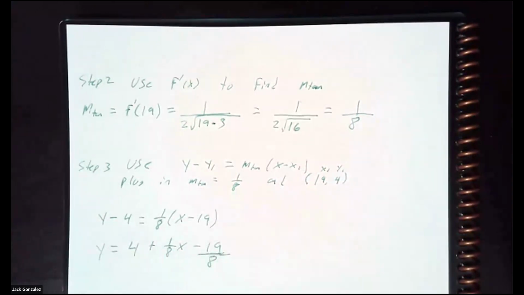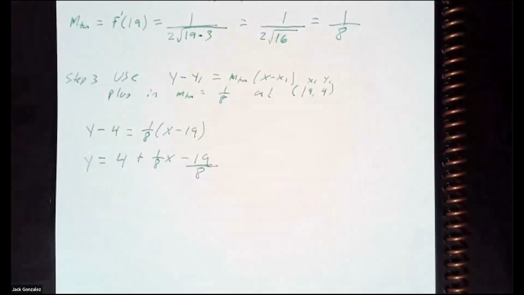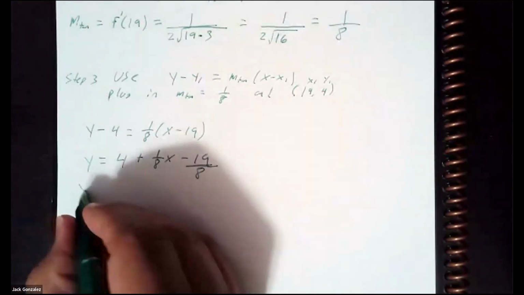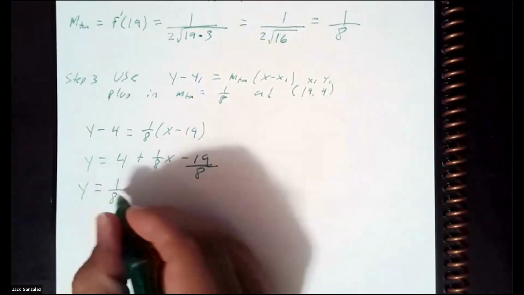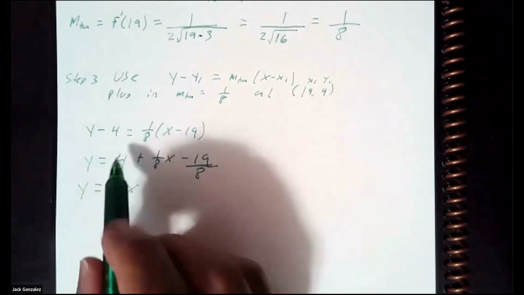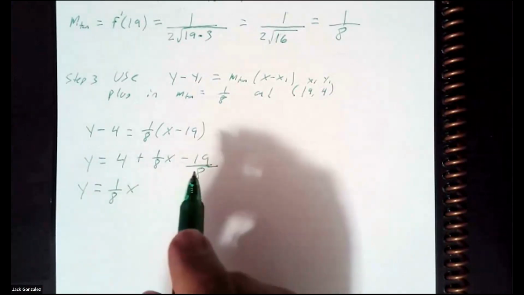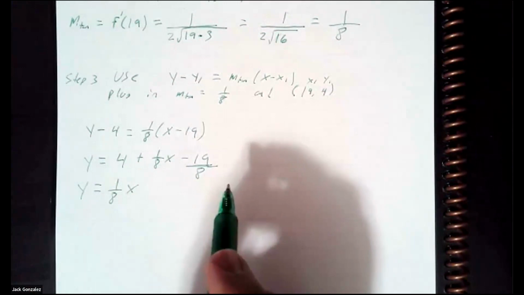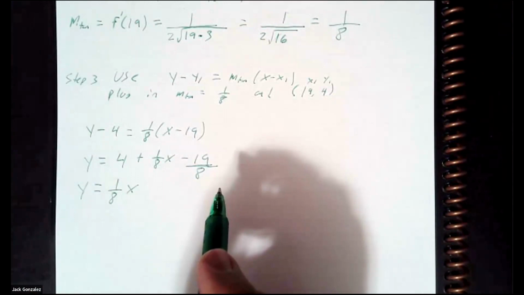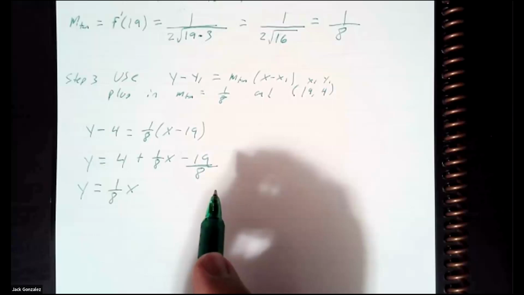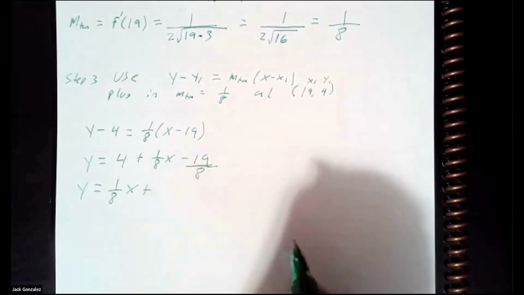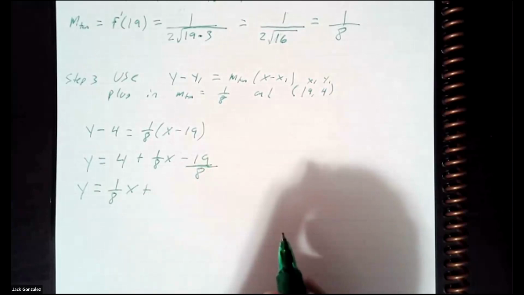That will be y equal to 1/8 x, and 8 over 8 times 4 is 32, that's 32 minus 19. 13.